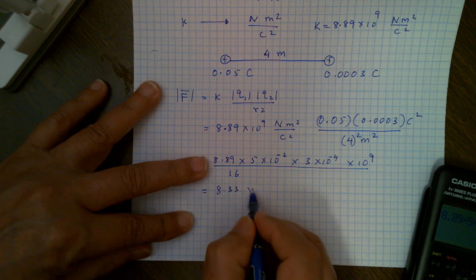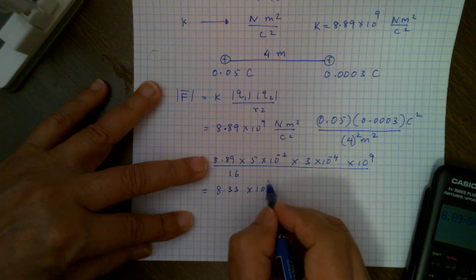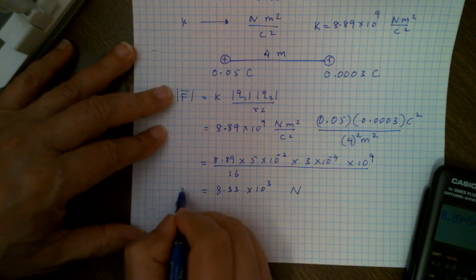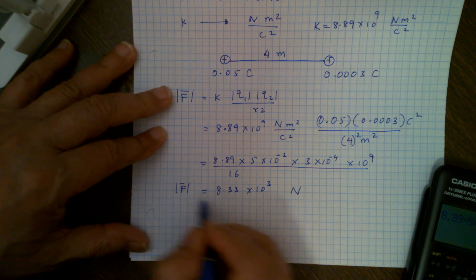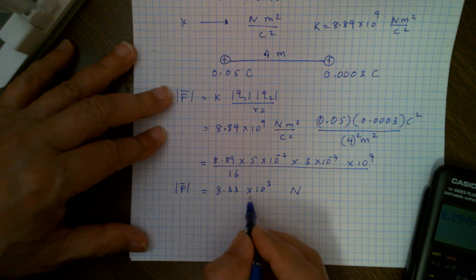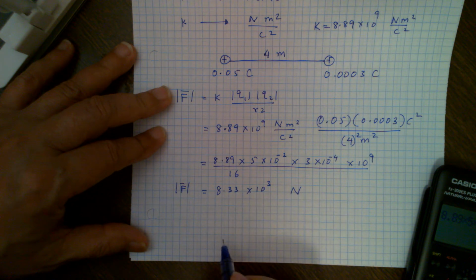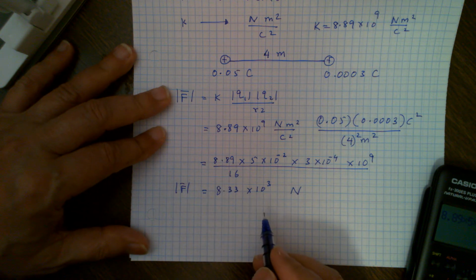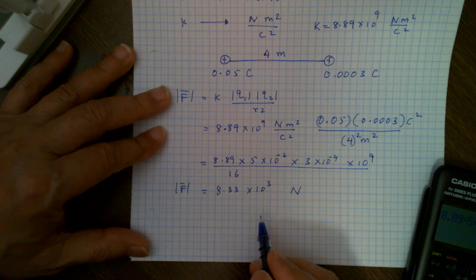So the magnitude of the force will be 8.33 times 10 to the power 3 newtons. You see these numbers are close. Otherwise, I can tell something is wrong, because if I punch in something wrong, I'll get some crazy numbers.